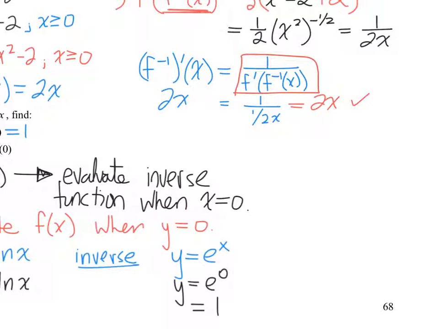The first thing I would do is figure out what the inverse at 0 is. Well, fun fact, we already did that. That was a 1. Then I would want the derivative of my original function at that particular number.